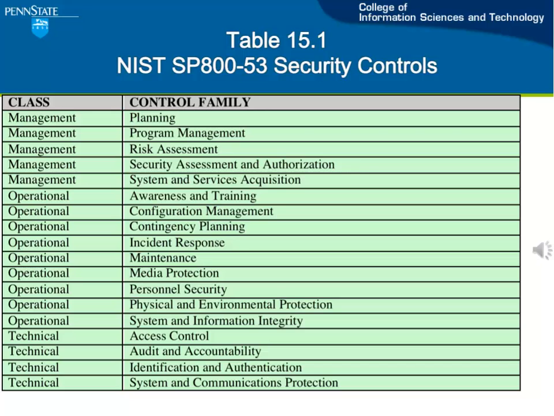Together with the planning and guidelines that management has put together, and the technical security controls put in place by the administrators, they often work together to be pretty effective. It gives you a notional breakdown of what the classes of security controls working together can look like in a typical organization.